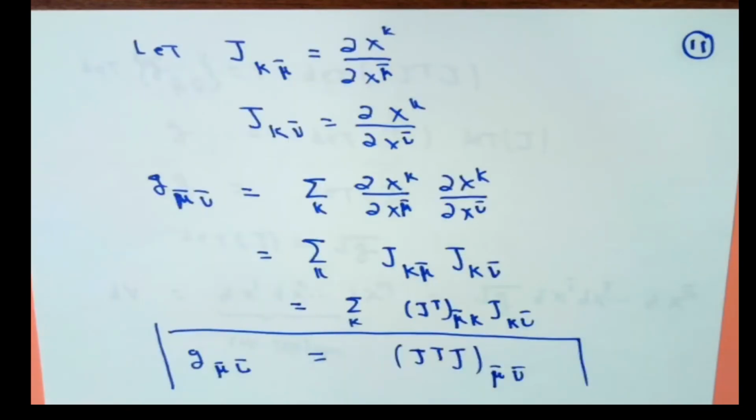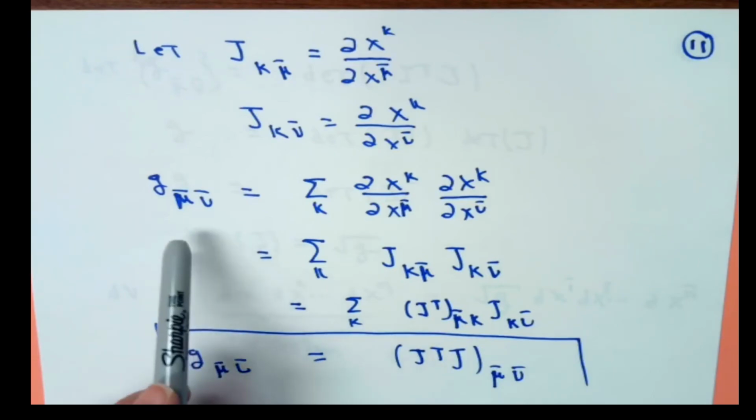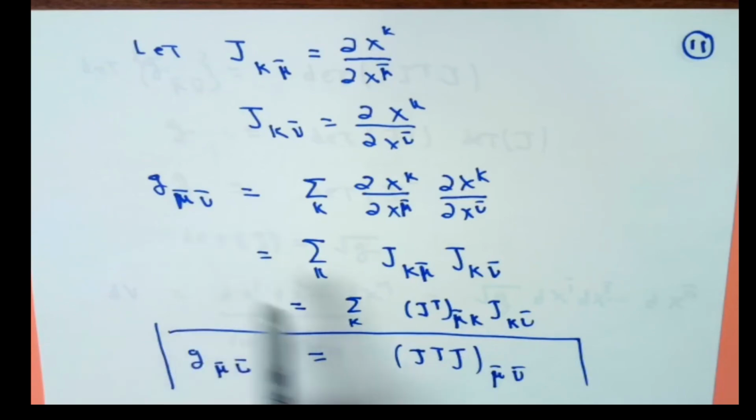In this J matrix, J^k_mu-bar is the partial of x^k with respect to x^mu-bar, and J^k_nu-bar is the partial of x^k with respect to x^nu-bar. That transformation law that we wrote then says g_{mu-bar nu-bar} is the sum over k of J entry k mu-bar times J entry k nu-bar.